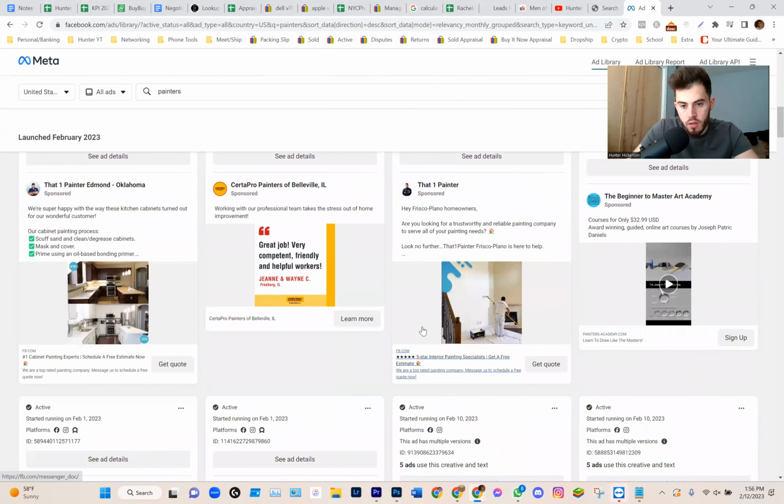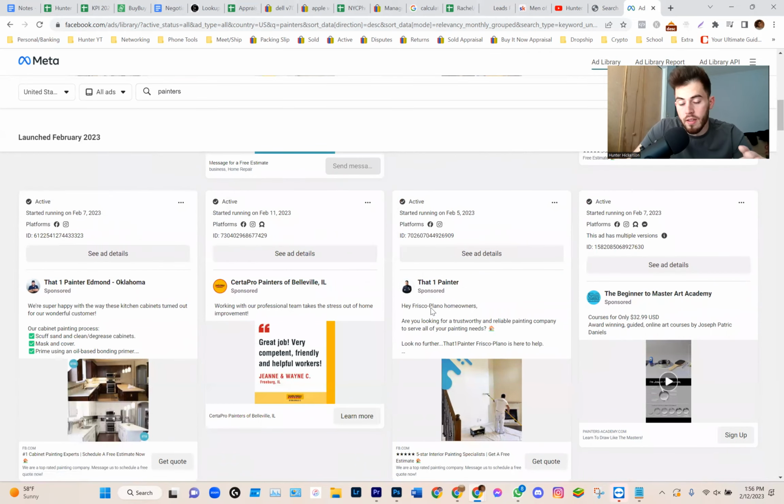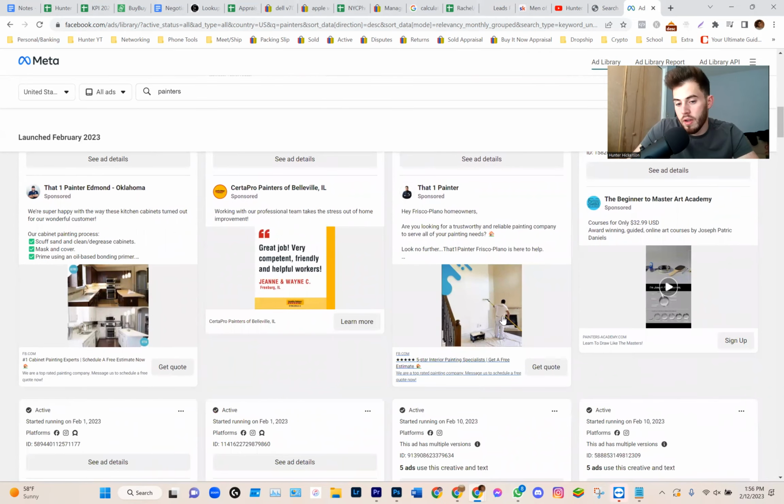Another style of ad I like to do is this ad right here. You see how he's just painting the paint on the wall, and he's a painter. You obviously know what type of ad this is when you look at it because you can see him painting. You want to do the same exact ad, except have the customer in the picture giving a little thumbs up.